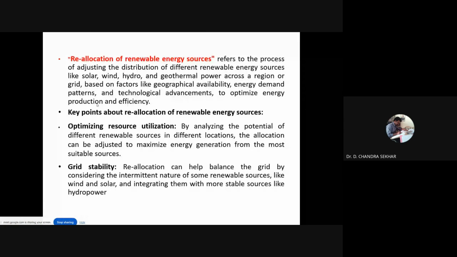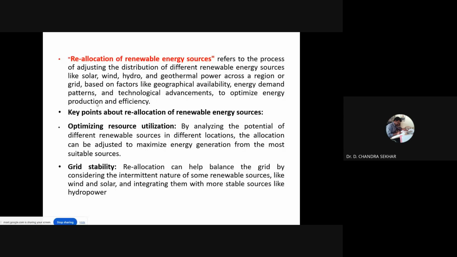We are getting ocean energy at the oceans, and in the hilly areas wind energy is familiar, and generally solar is available. Now we want to operate all these combinedly.